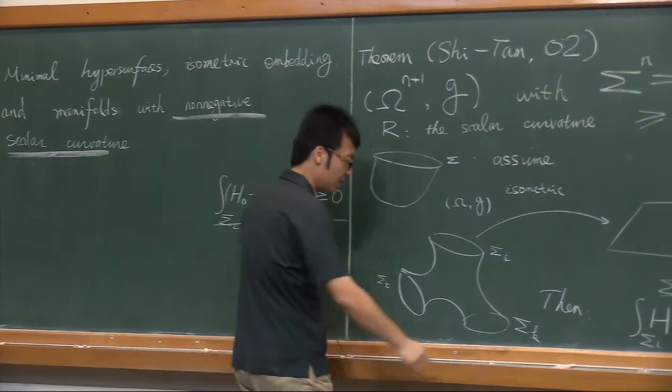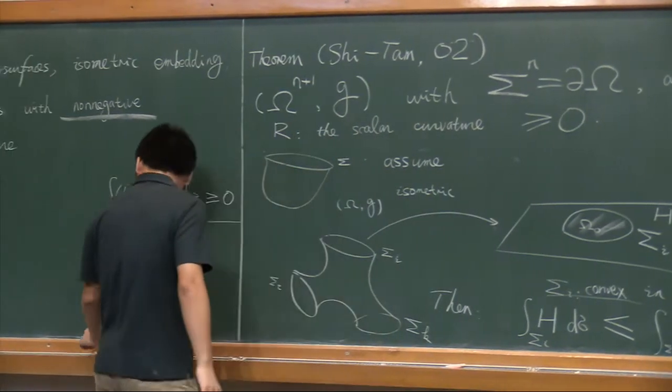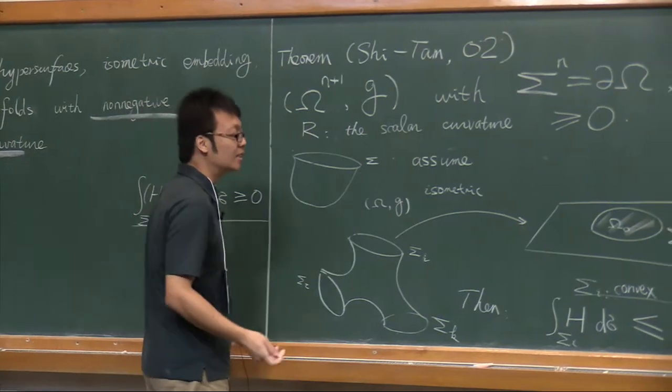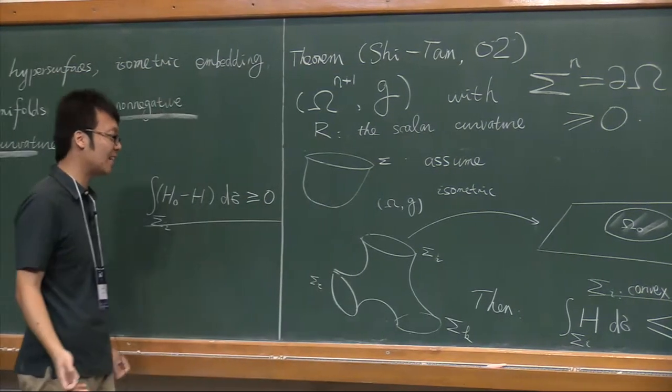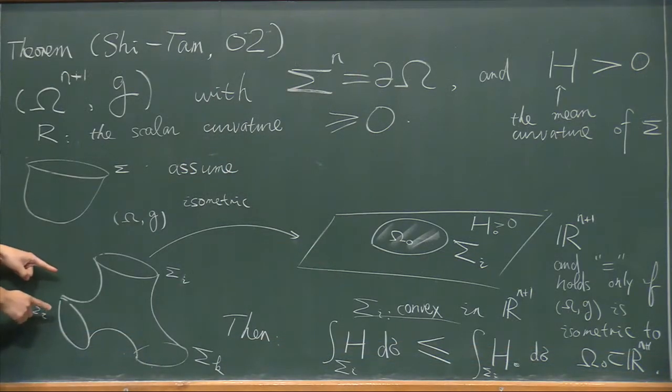Okay, to motivate the question that I'm going to discuss next, let's look at the picture in which omega has more than one boundary component.